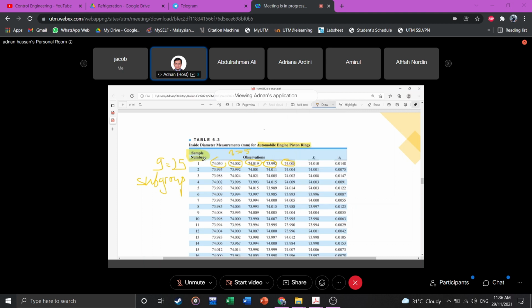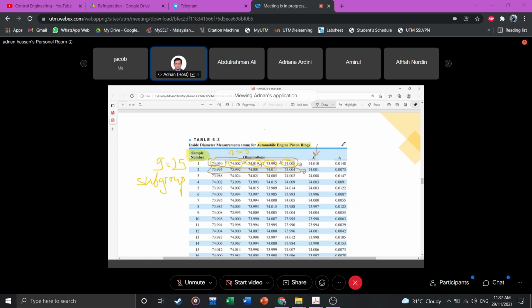You take all these numbers and add them in order to get the average X bar. This is the average of these 5 values; you get 74. This is X bar. At 9 a.m., you take another 5, and so we have X bar here.